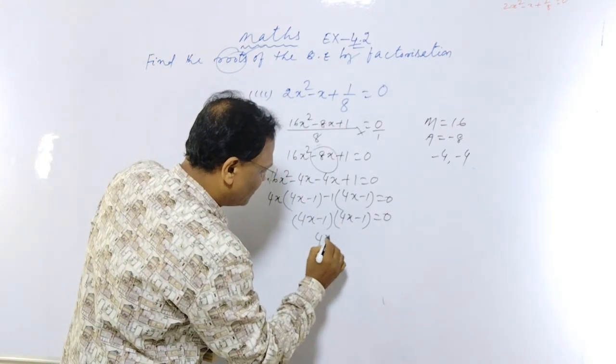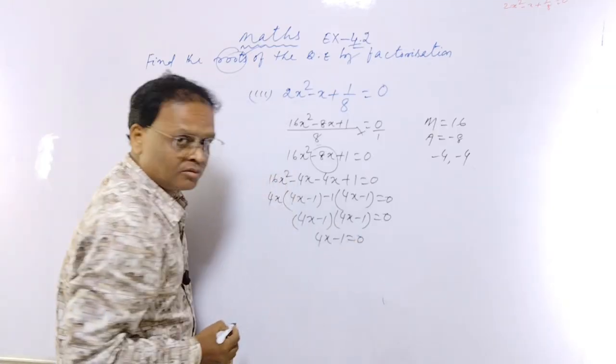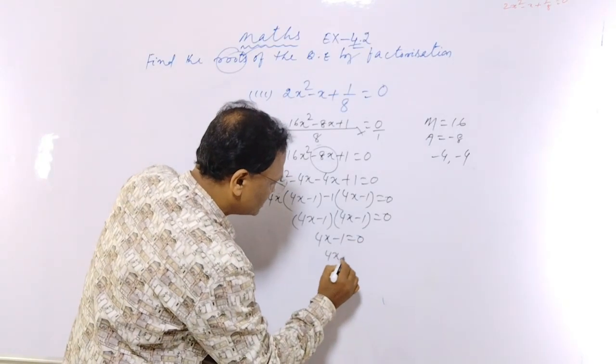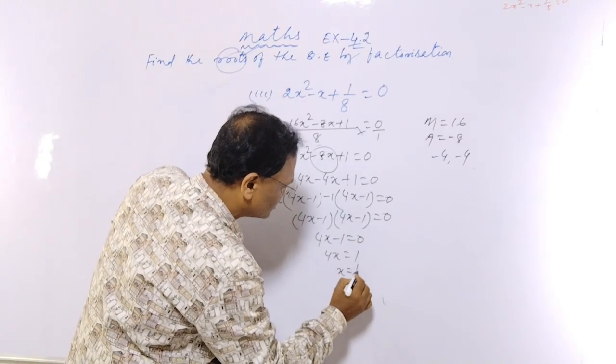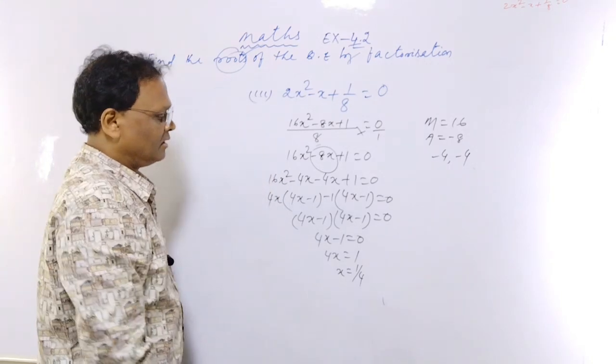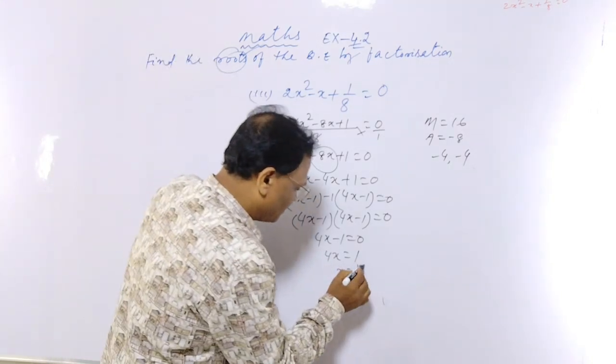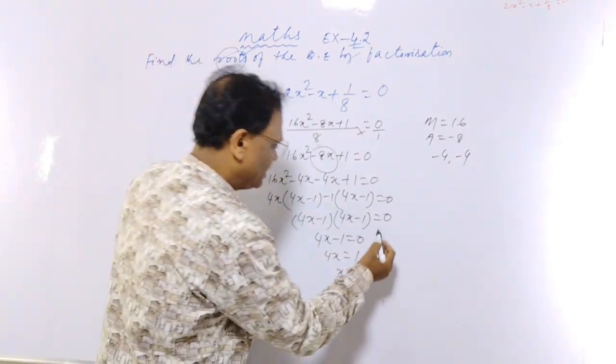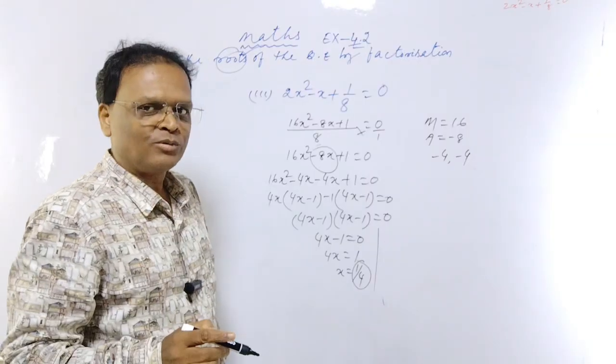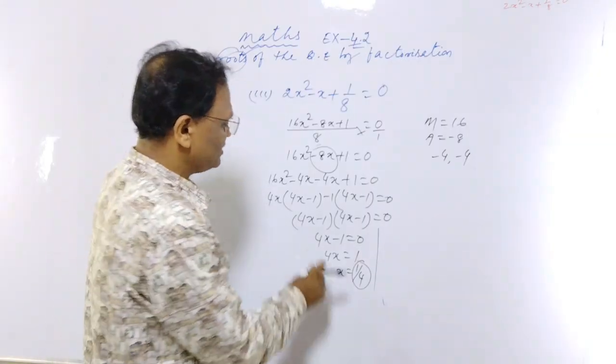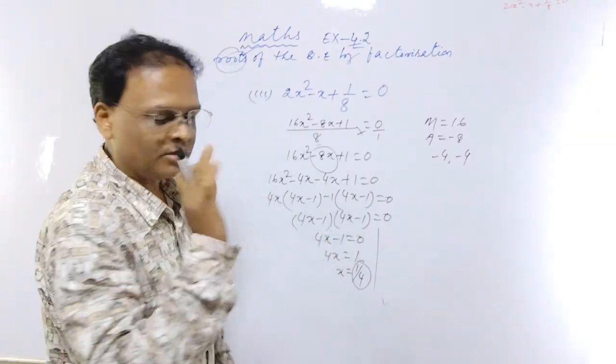Now if I set each one equal to 0, 4x is equals to 1, x is equals to 1 by 4. The first root I got is 1 by 4. Again, the second root also I'll get 1 by 4. Why? Because the two factors are exactly equal.